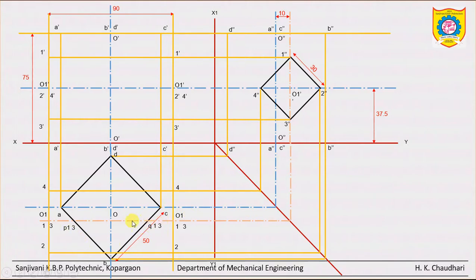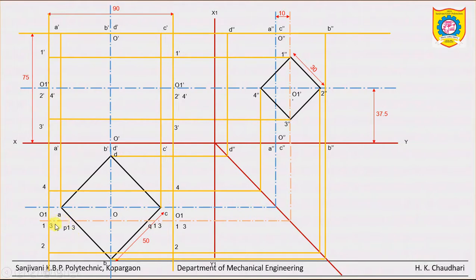Now the point where this center line intersects this AB and BC, that means the edges 1 and 3 of this prism start penetrating this face BC at this point Q1 at the top and Q3 at the bottom, and leave the prism at points P1 and P3.